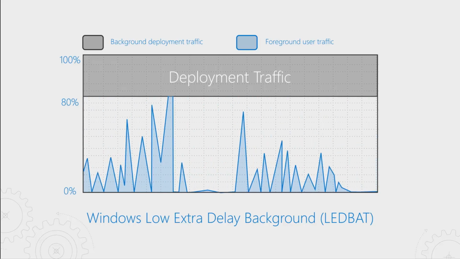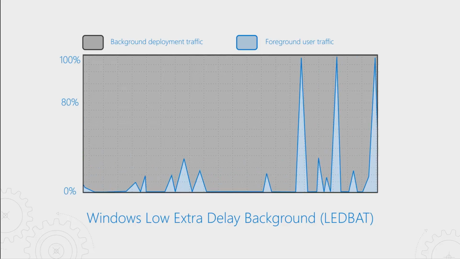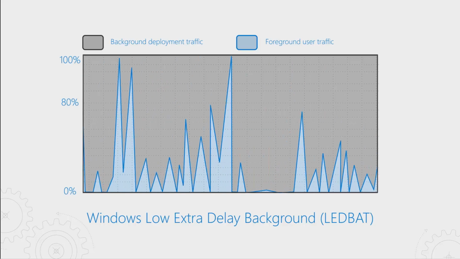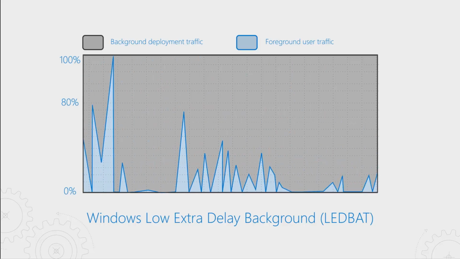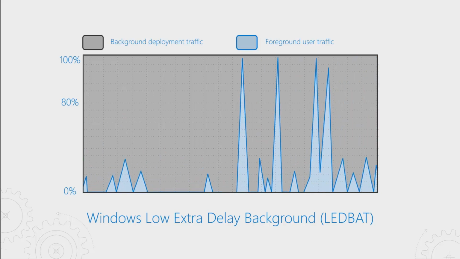LEDBat is something brand new. It's true network optimization, whereas normally throttling might not give you the full spectrum of the bandwidth that you have. LEDBat uses all the spectrum for background tasks, but then instantly pauses activities for any foreground tasks that come.